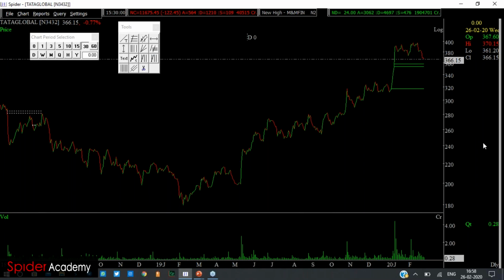So basically, what is a demand zone? If I can have some input from the crowd, what do you understand by a demand zone? I hope you guys can hear. Any inputs?